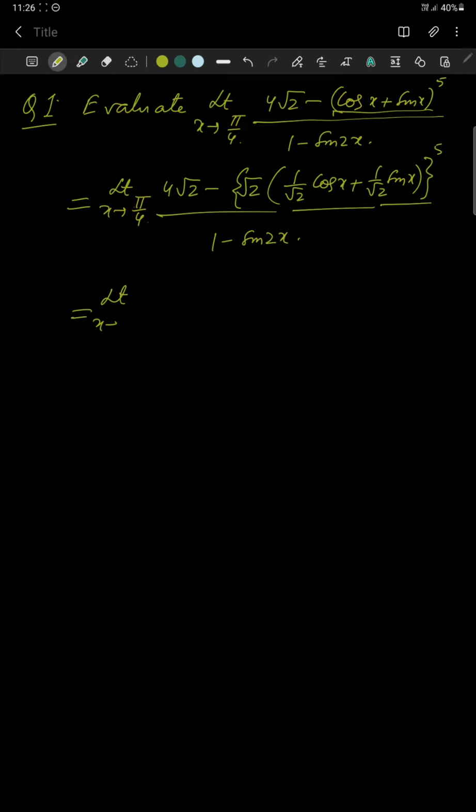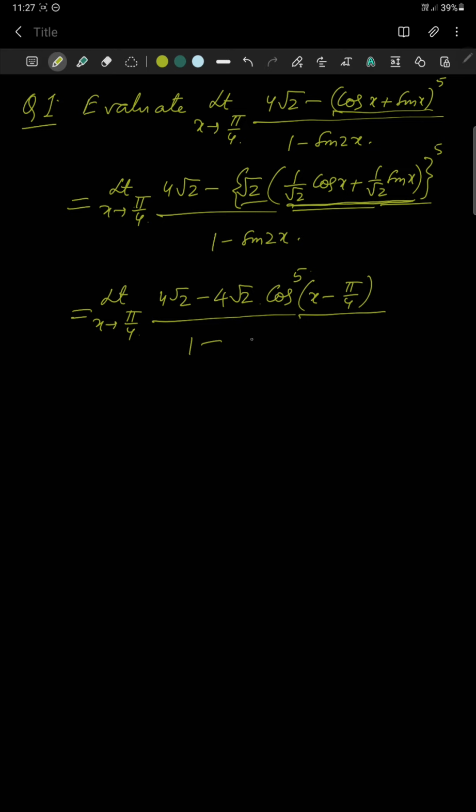Once again, limit x tending to pi by 4, 4 root 2 minus this root 2 to the power 5 will give you 4 root 2. You can calculate on your own, and inside the bracket this can be written further as cos of (x minus pi by 4) whole power 5, whole divided by 1 minus sin 2x.